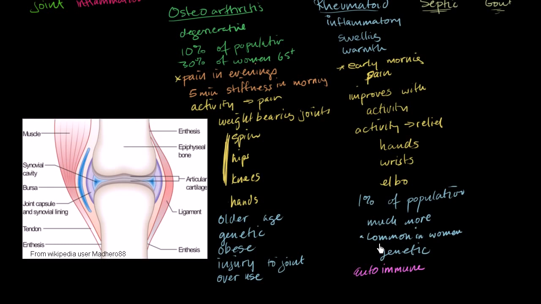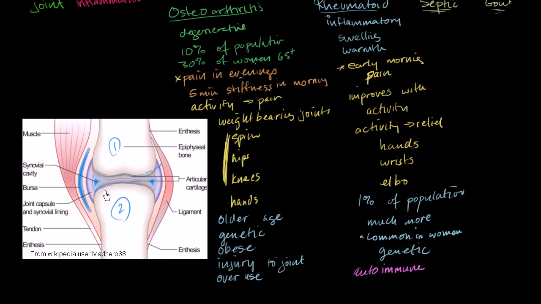So let's talk a little bit about what is actually going on in osteoarthritis versus rheumatoid arthritis, and you can look at this photo here, and I can show you what the different things are. This is an example of a joint, and you see there are two bones coming together to make that joint. The lining right around that bone in the gray color is the cartilage.